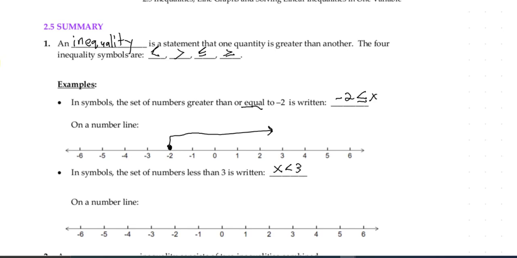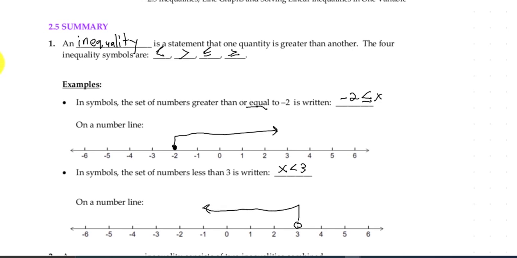So I go down to 3, and I'm going to put an open circle, right? Notice I didn't shade the circle like I did here. And x is smaller than this value, so that means it's going to be to the left, right? Everything to the right is greater. Everything to the left is less than. And I think that should do it for the first two. Let's keep going.